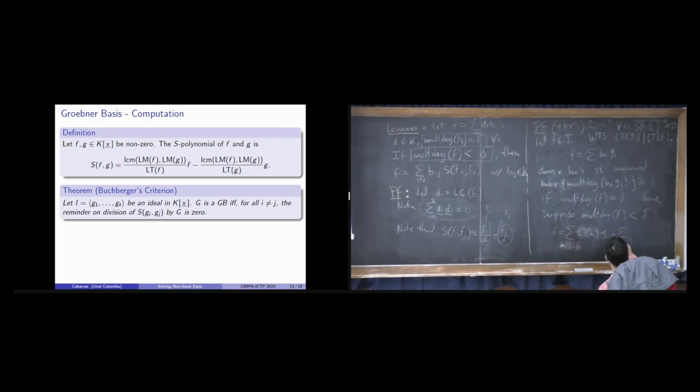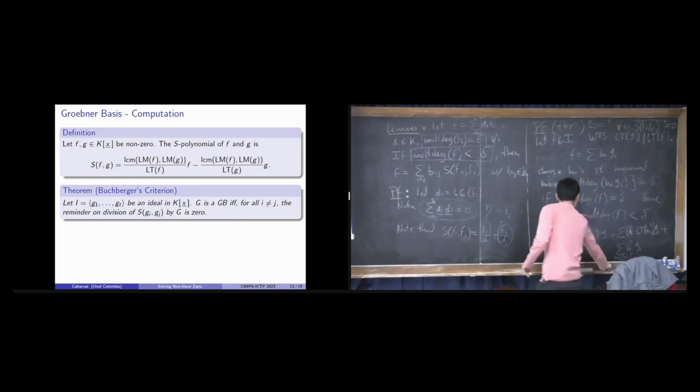So here we have the rest, which is F minus the sum of the leading term of H_i times G_i, minus the leading term of H_i times G_i, and then we also have the rest, H_i G_i with multi-degree strictly less than delta.